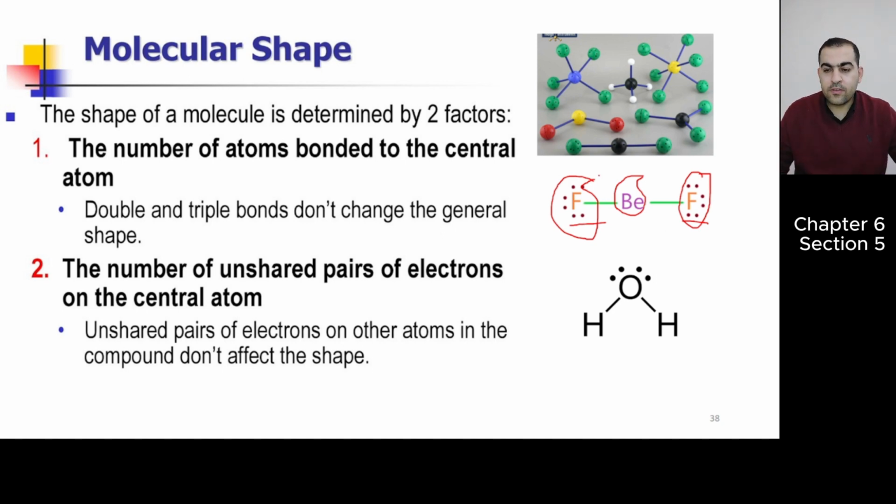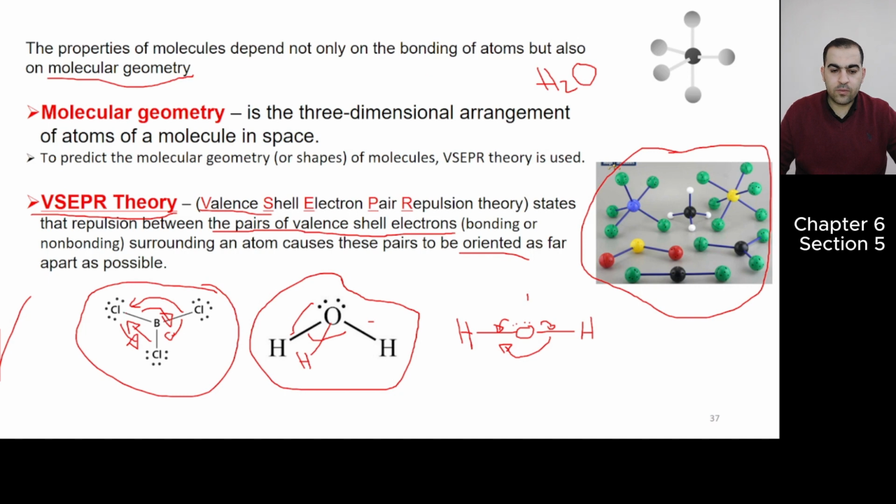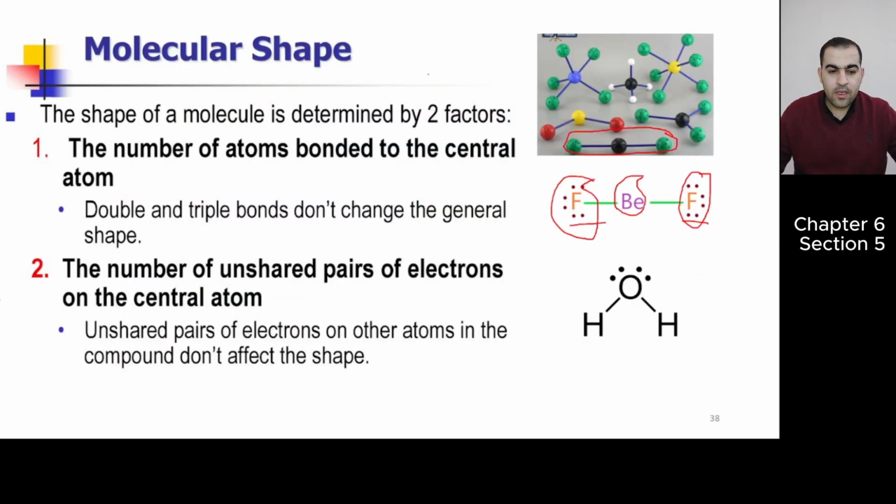But what happens if three atoms bond to the central atom? This is beryllium. Okay, two atoms bonded to the central atom gives this shape. What happens if three atoms bond to the central atom? Look here, its shape will be like that. So the number of atoms bonded to the central atom changes the shape. What else? And here, guys, double and triple bonds do not change the general shape.